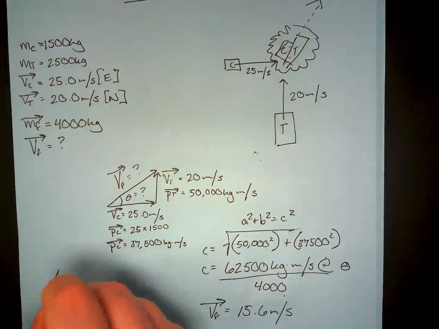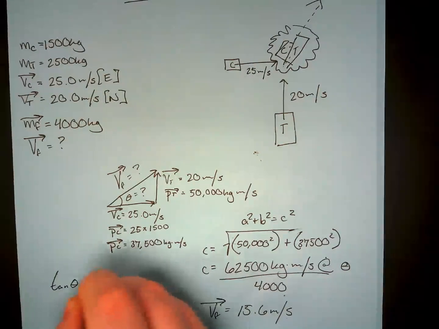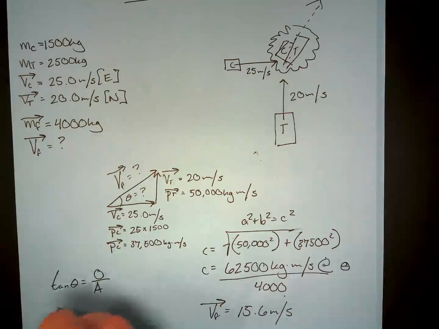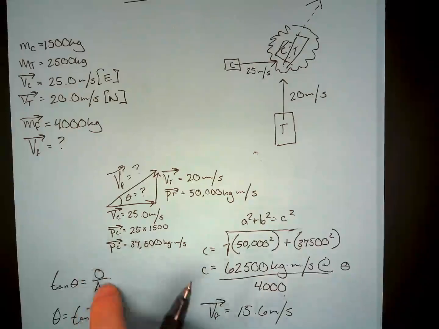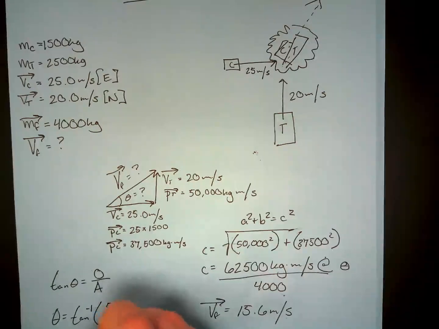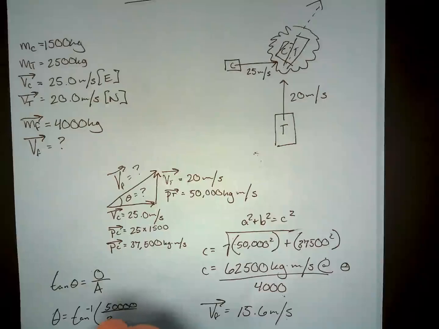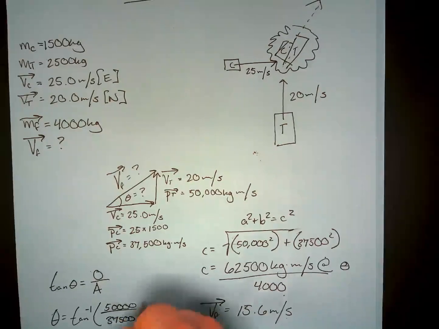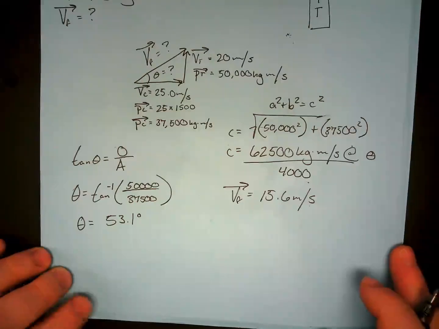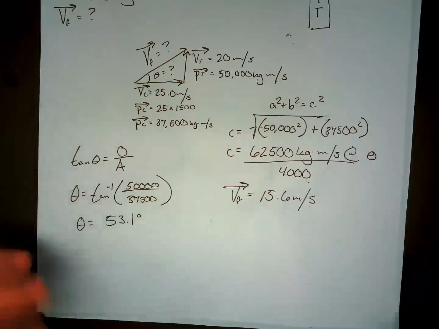So we'll say tangent of theta is equal to the opposite over adjacent. Okay. Use inverse tangent, and then we'll put opposite over adjacent. So opposite, meaning 50,000 over 37,500. And we'll get theta equaling 53.1 degrees, which is what we should have expected.